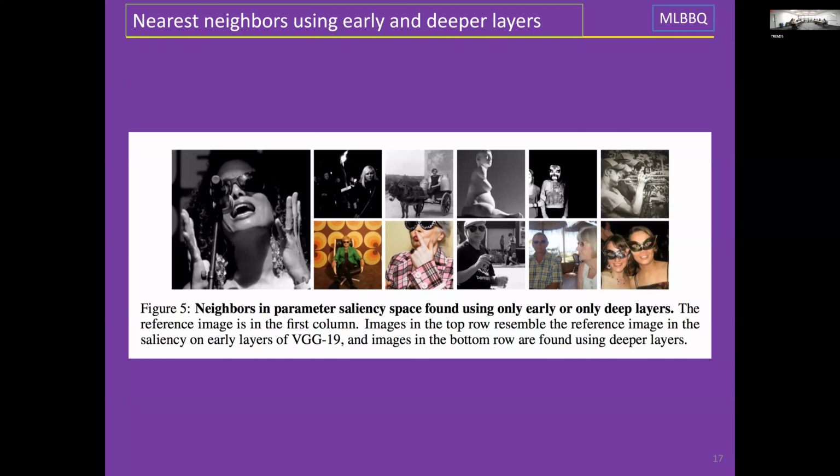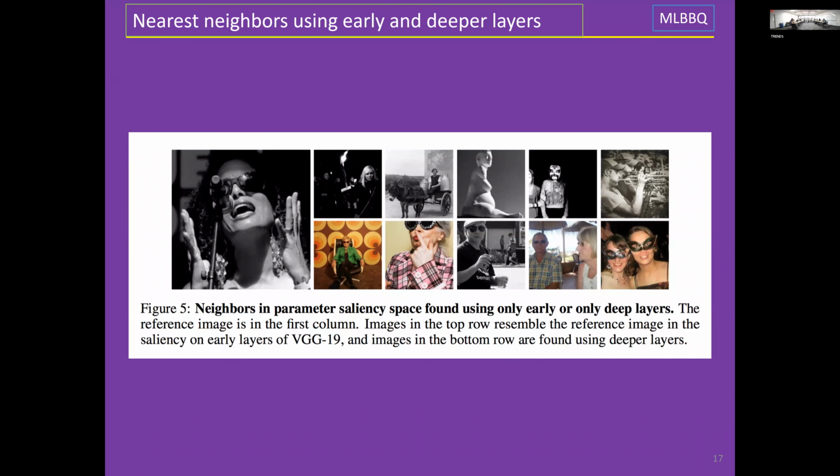Okay, so here they are showing a quite different experiment for these nearest neighbors. They are showing how these nearest neighbors change if they consider only early layer filters or only deep layer filters.